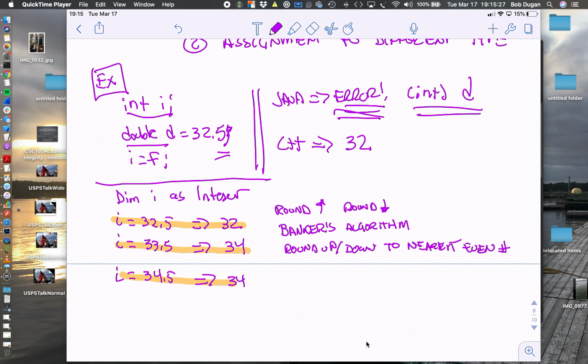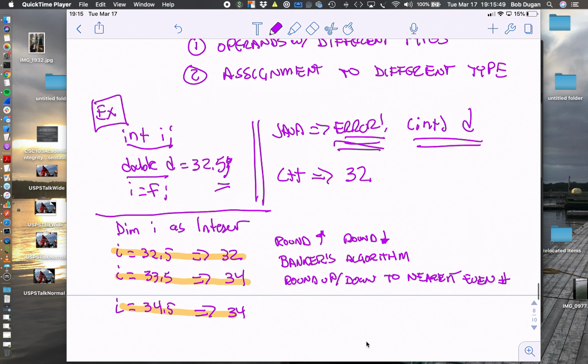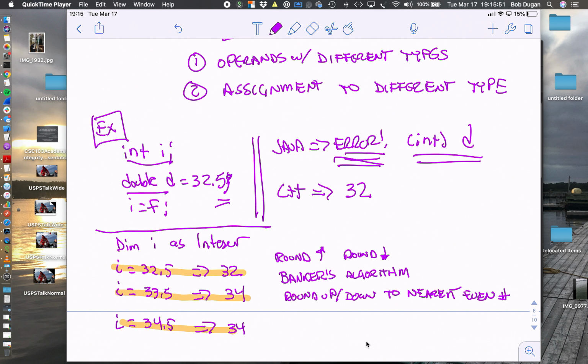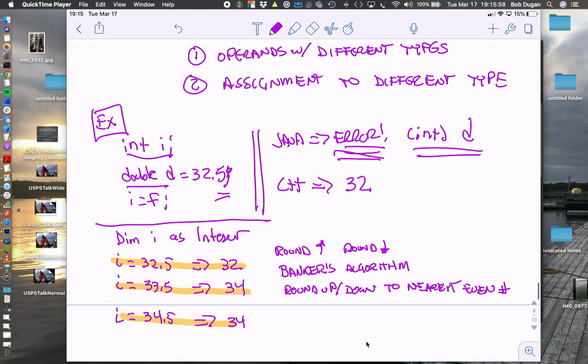But if we round some numbers up and some numbers down, with the rule that I just round to the nearest even, whether that's up or down, and we have a nice even distribution of 0.5s between even and odd numbers, then they're going to cancel each other out, and we're going to end up with very little bias. So that's kind of interesting. So some languages do that when they're doing type conversion. Who would have thought?